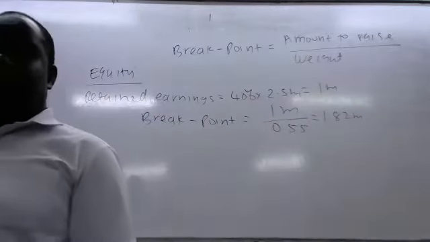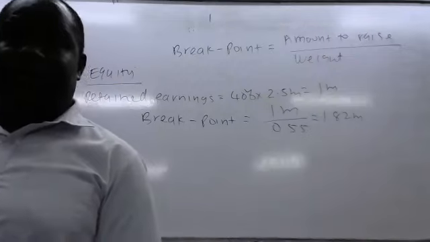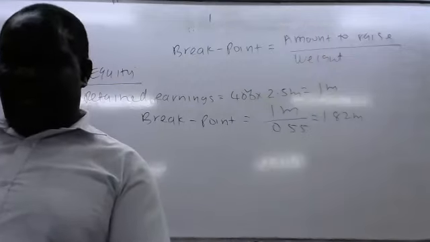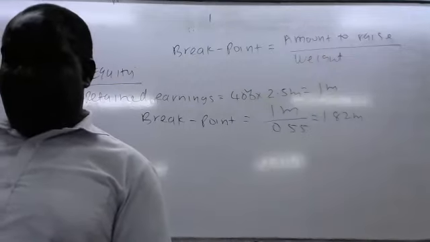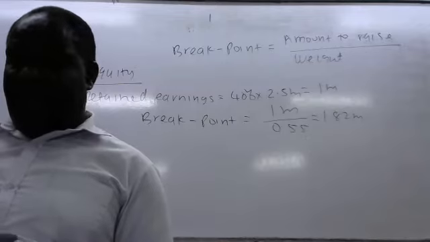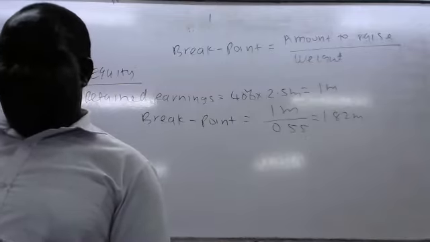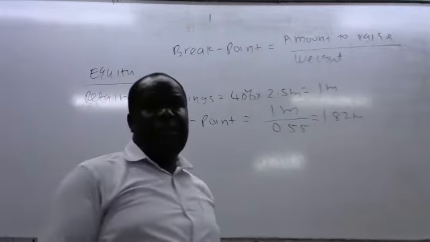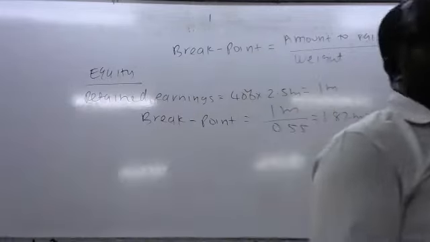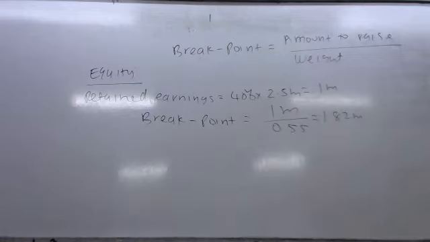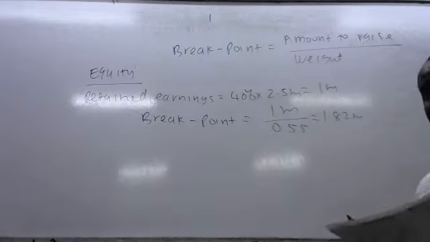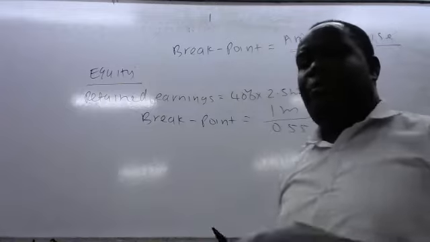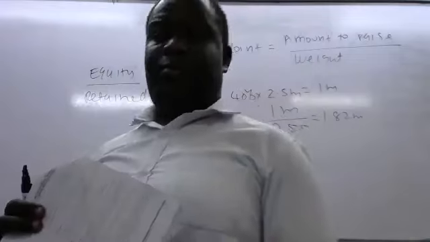There was no amount to raise from the ordinary share, because they continued to say that the company's present loan commitment, so there is no ordinary share. So equity was only for the retained earnings. Now we go to the long-term debt, because we only compute a break point where they have specified the amount to raise.